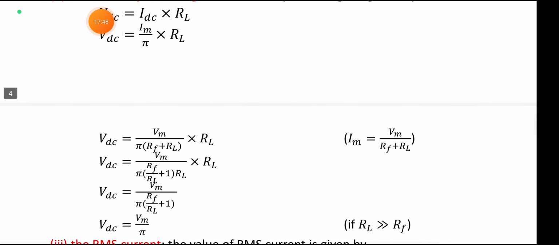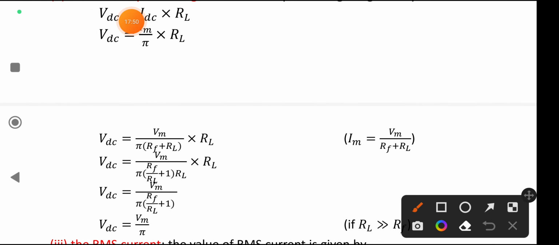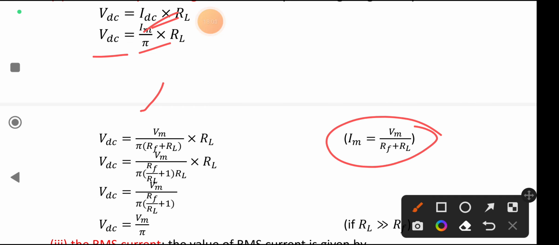So from the above figure, in this figure IDC, which is VDC, is equal to Im by pi. Im value is this much, so in the place of Im substitute it, with pi as it is.